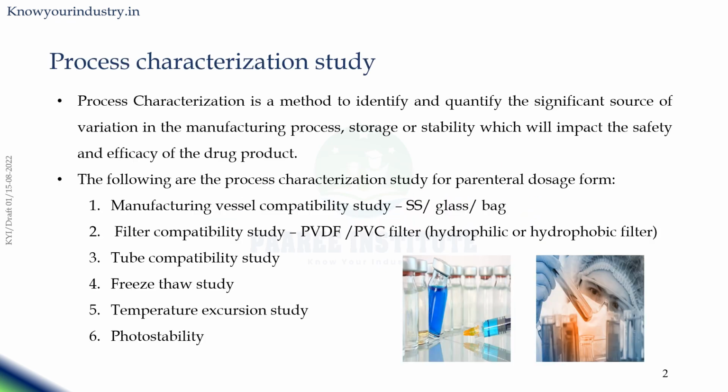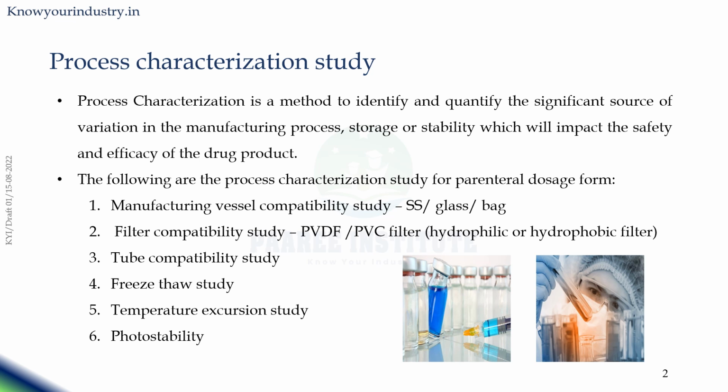Process characterization study is a method to identify and qualify the significant sources of variation in the manufacturing process, storage, or stability, which will impact the safety and efficacy of the drug product. For example, if you see tablets and capsules, we have to understand different variabilities.